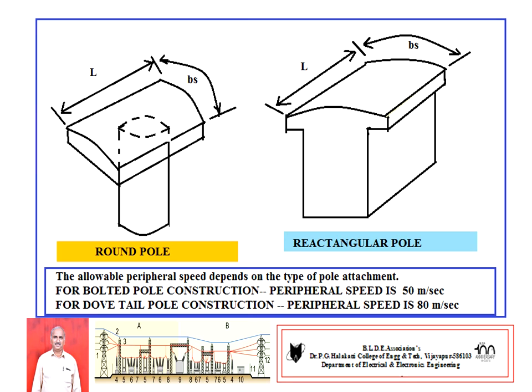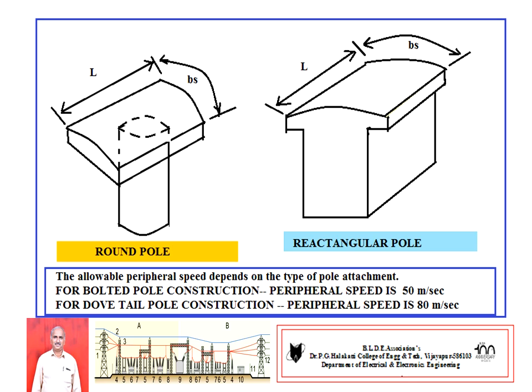Now you can observe number 1 diagram, round pole. L is length of stator core, Bs width of pole or pole arc. Pole arc, in both cases you can observe. So number 1 represents round pole. Number 2 represents rectangular pole. So what we have to remember?